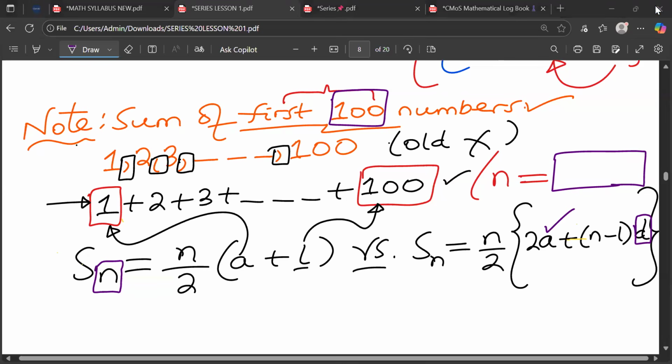What is the value of n? Okay, 100, because this is Sn, which is the sum of the first n terms. You get the point? So when I say first 100, n is 100. So I'll come and put 100 there.